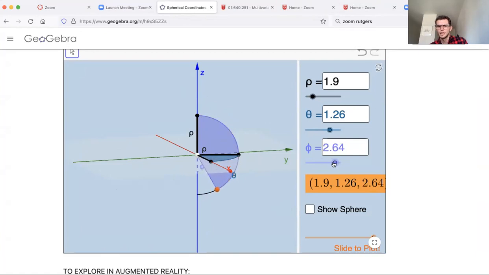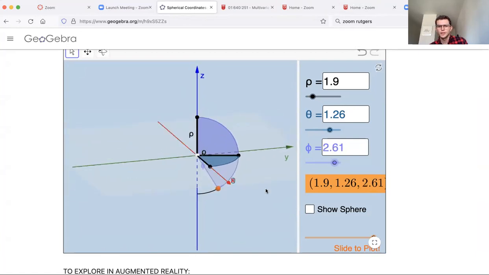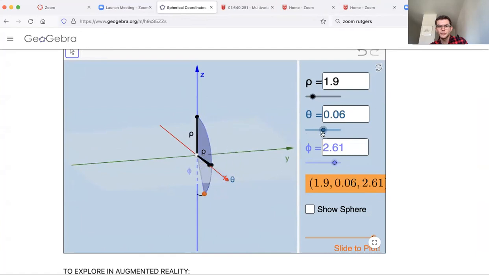Is that making sense? With theta you can move the point around, so you can use theta to cover all of space, and phi just moves it vertically. Theta will still go from 0 to 2 pi as usual, but phi only needs to go from 0 to pi, and that way you get anywhere that you want.